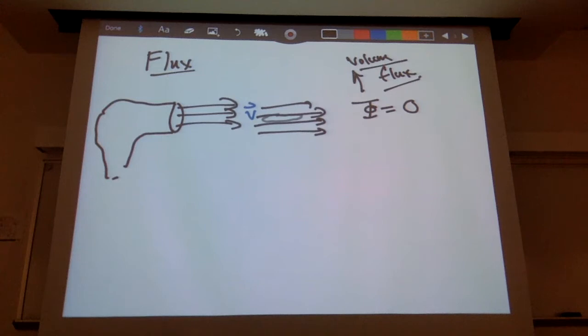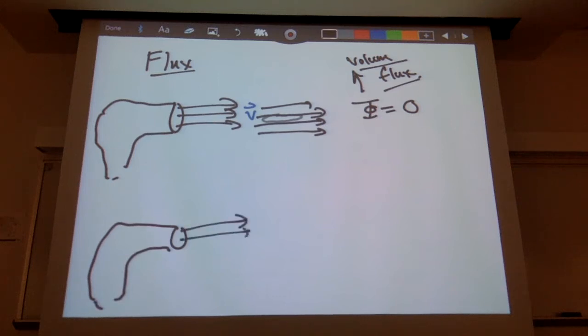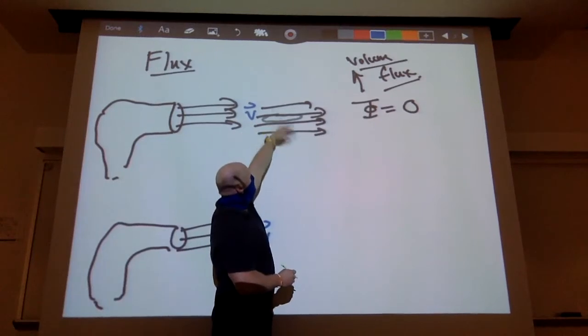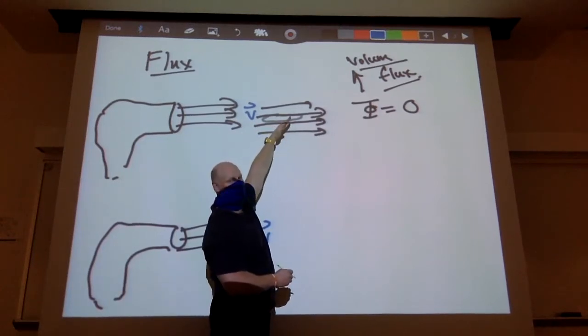Now, as I take my blow dryer, and these are actually not the worst pictures I've ever drawn, so this is pretty good. Here's my velocity. Now I'm going to start to rotate the wand. The face of the wand is no longer perpendicular to it. It's now at an angle.